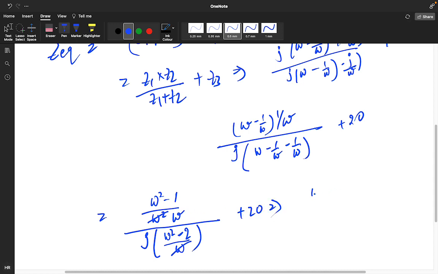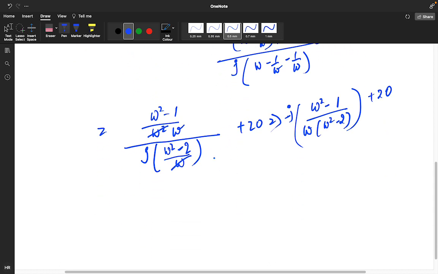Okay, so what you are getting? Omega square minus 1 by omega into omega square minus 2, and this j is going upside, so it becomes minus j, and this is plus 20. So guys, what I told you, for resonance frequency the imaginary term will be 0. This is your Z equivalent.